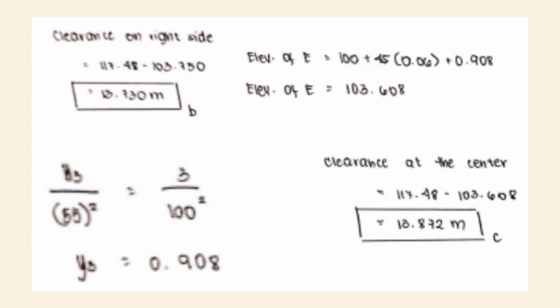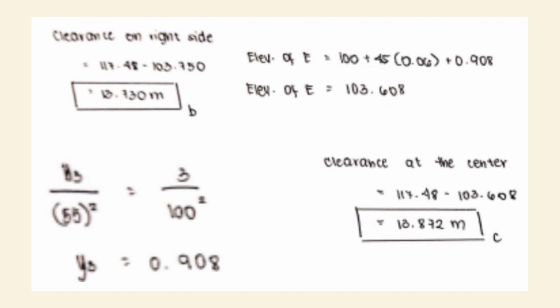Solving the equation, we have Y sub 3 equaling 0.908 meters. Next, the elevation of E is simply 100 plus 45 times 0.06 plus the value of Y sub 3, which is equal to 0.908. Solving the equation, the elevation of E would now be equal to 103.608.